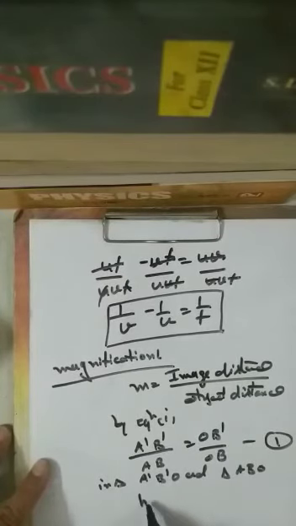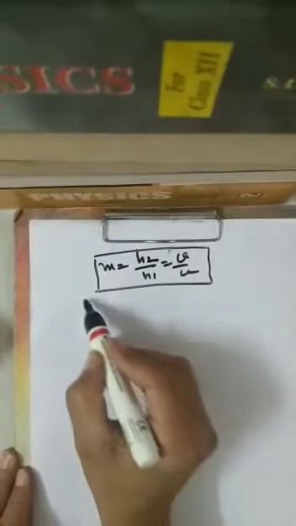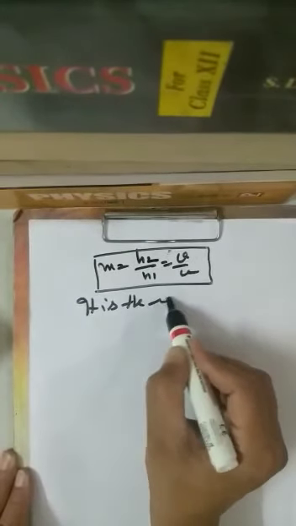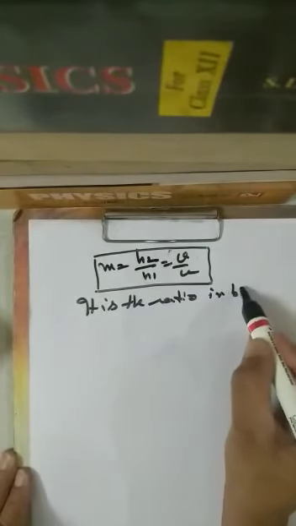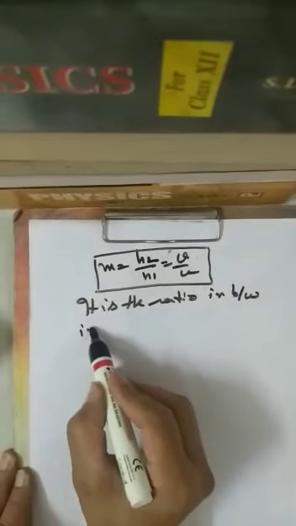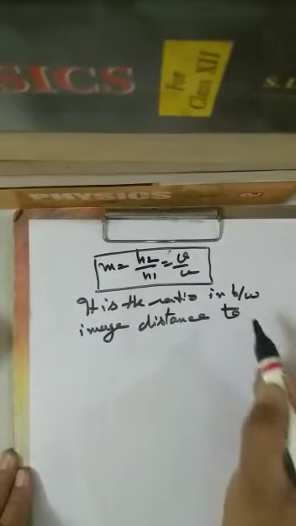Now we put the value: H2 upon H1 is equal to V upon U. So magnification becomes H2 upon H1 is equal to V upon U. It is the ratio between image distance to object distance.